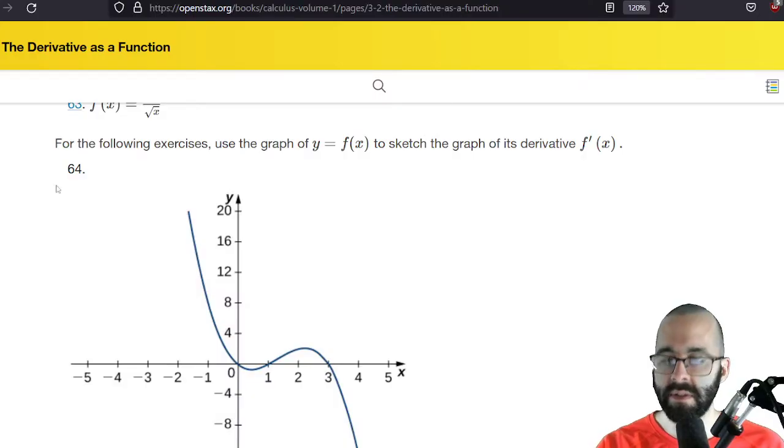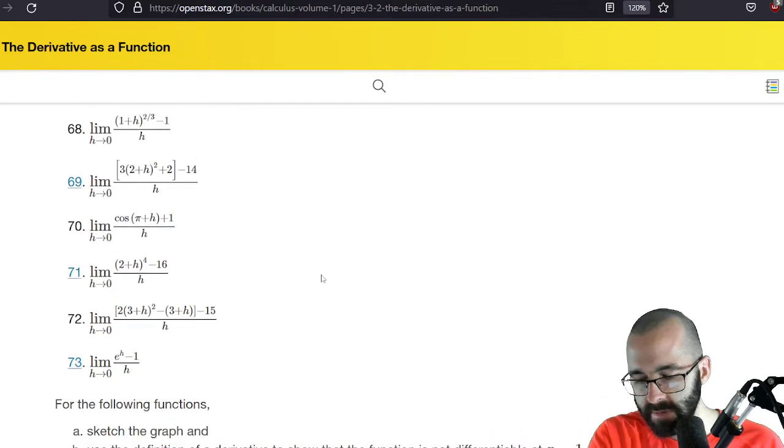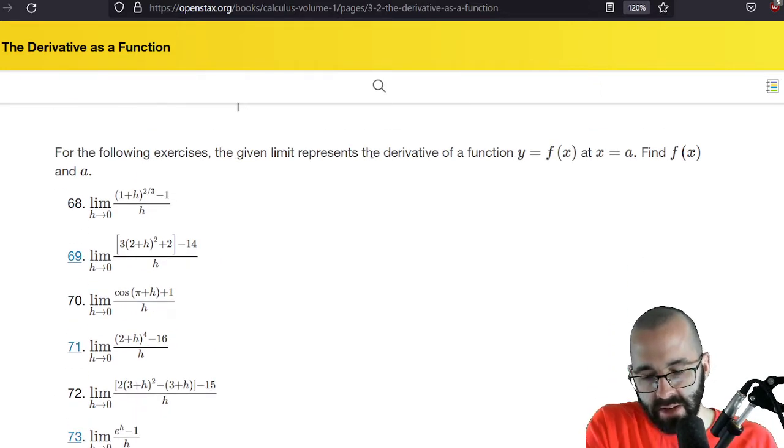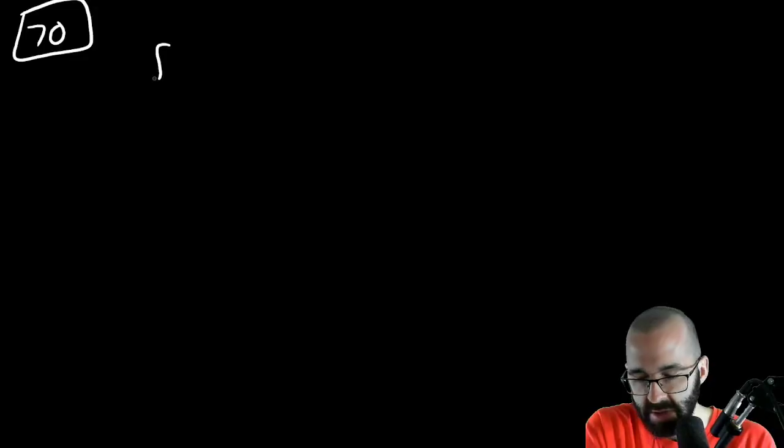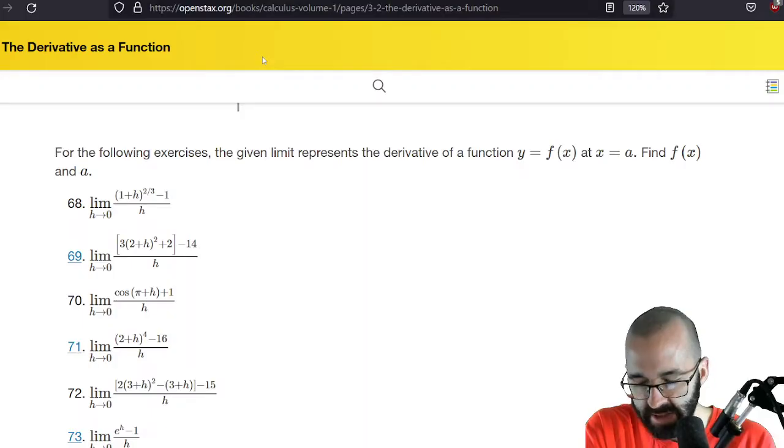Let's do another one. Number 70 in the text. The given limit represents the derivative of the function. Find the function itself. So f prime of x for 70 is the derivative.